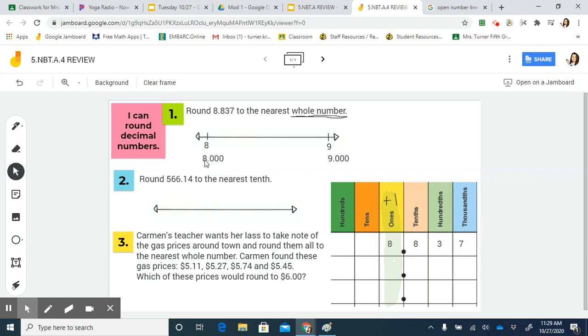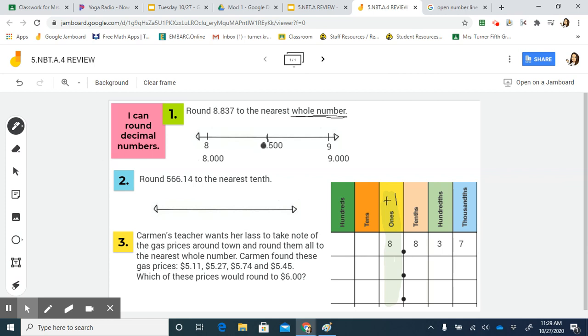I'm thinking, okay, between 8.000 and 9.000, what number would be right in the middle of that? Are you thinking 8.500? I put 8.500 for my midpoint, and that's going to help me figure out where 8 and 837 thousandths goes.